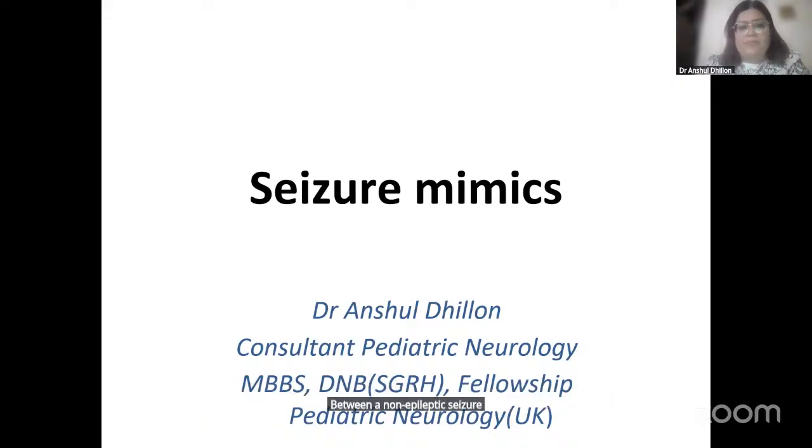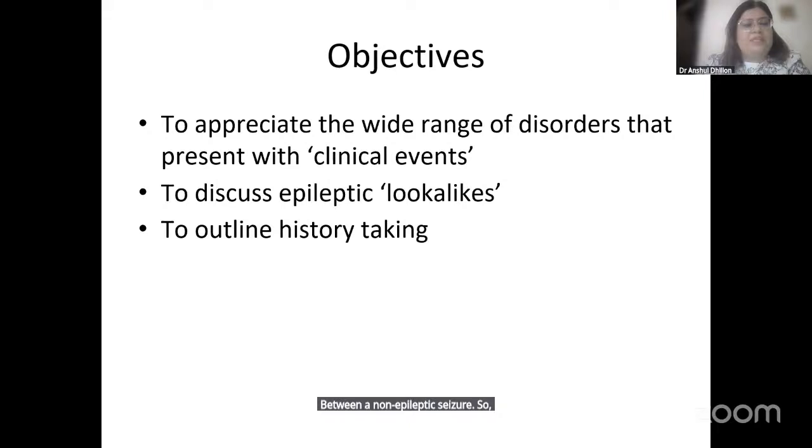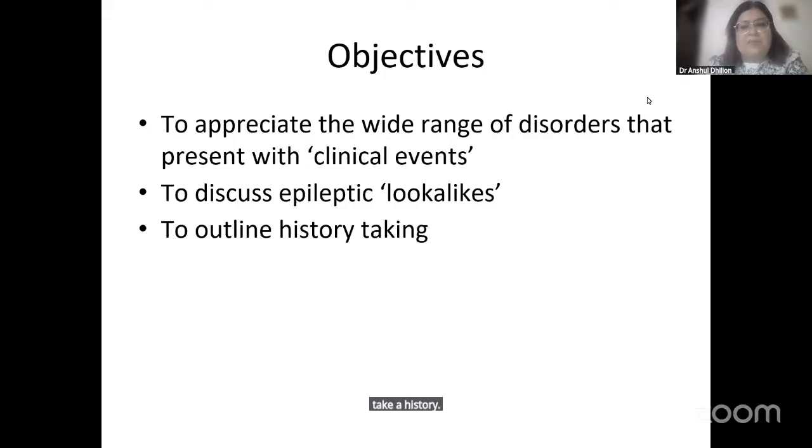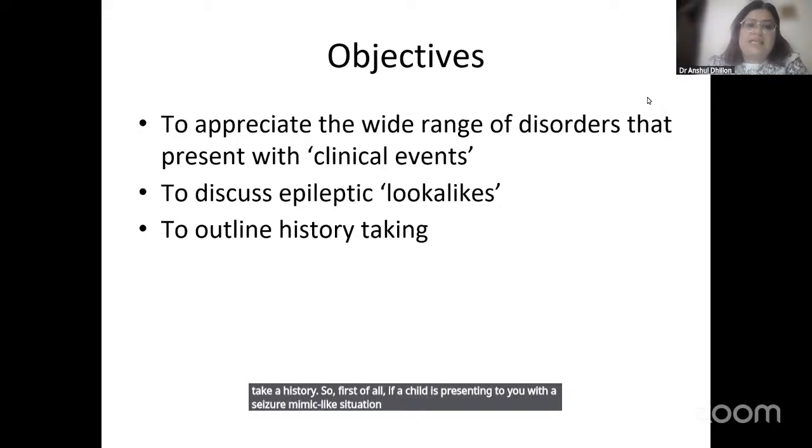So let's start. Our objectives are to appreciate the wide range of disorders that present with clinical events that look like seizures, but are not. I'm going to reiterate this again and again: it is very important to take a history. If a child presents with a seizure-mimic situation, history taking is the key point.